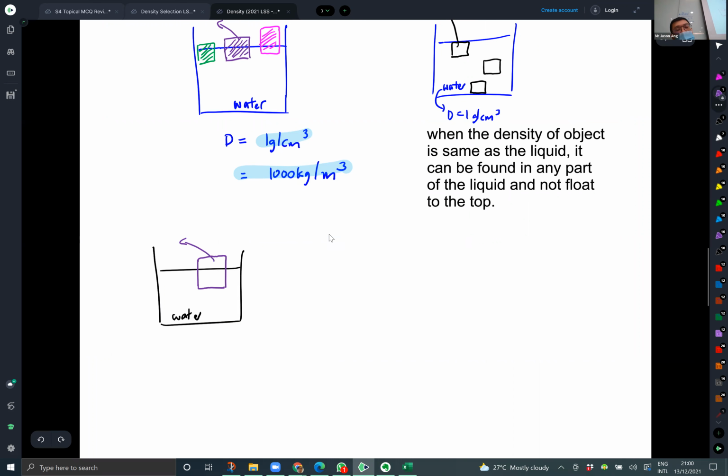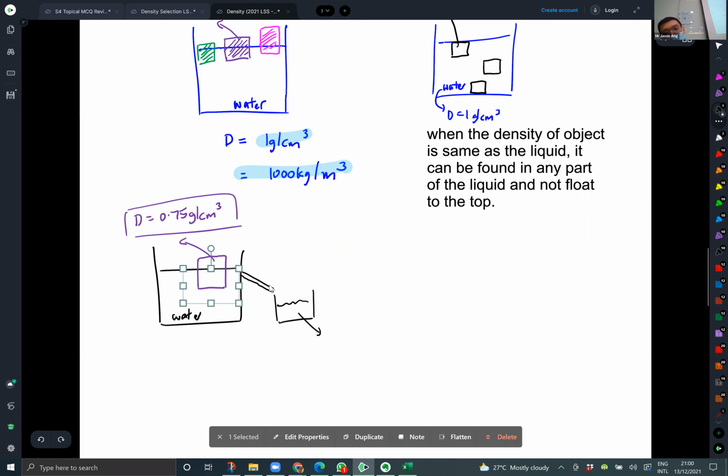So straight away, we know that the density is not the same as water. But in the question, they give you the mass and the volume, and you can actually calculate that the density is 0.75.